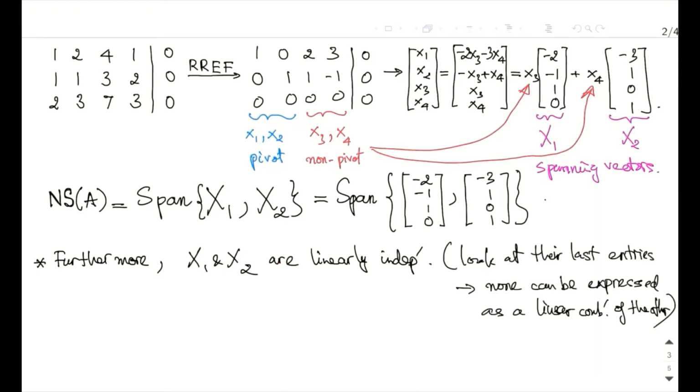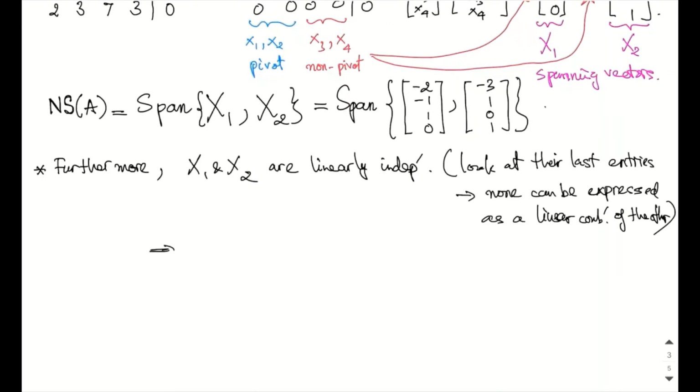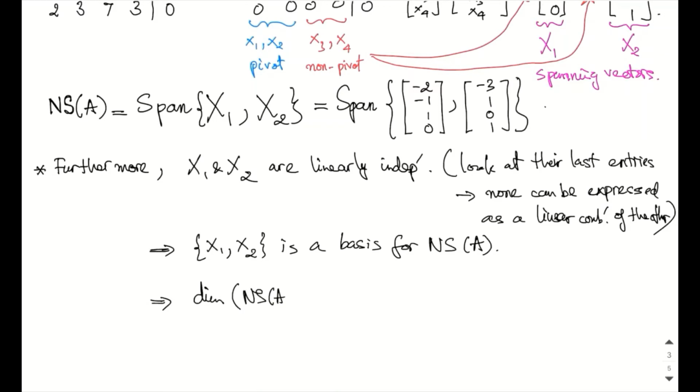Well, you have them being the spanning vectors, which means they form a spanning set for the null space of A. Now they are independent. So this implies that it is a basis for the null space of A. So in this case, we can say that the dimension of the null space of A is going to be 2.